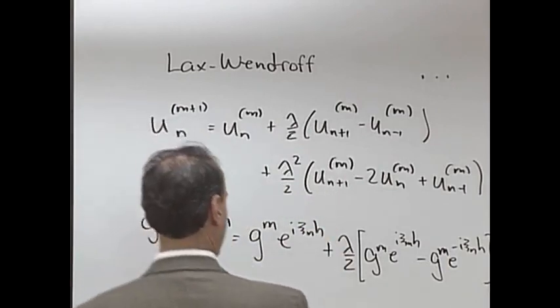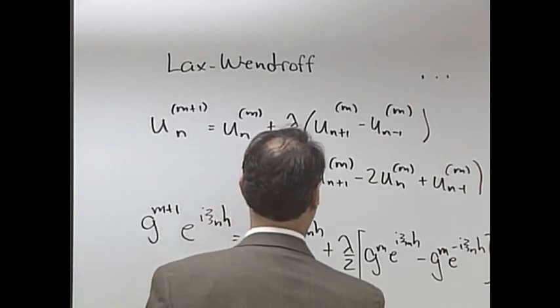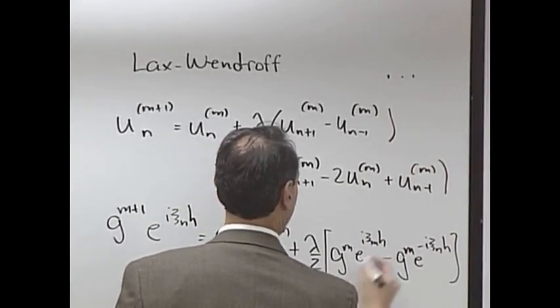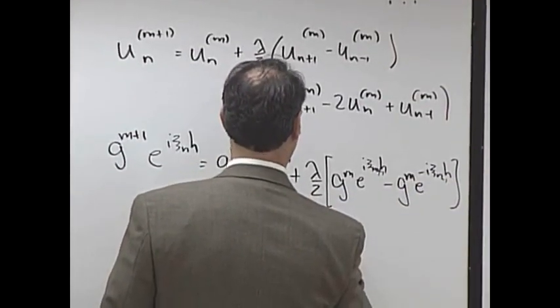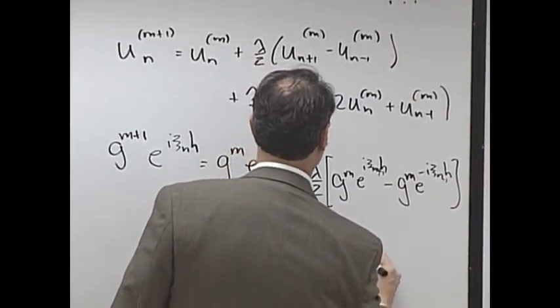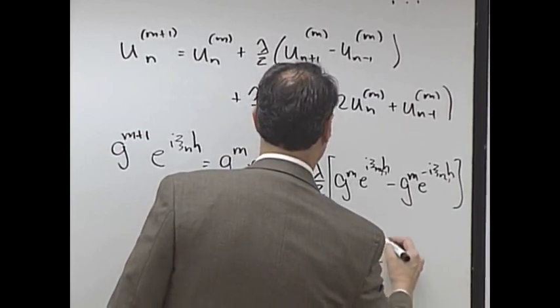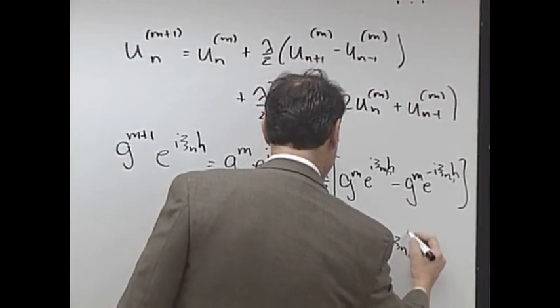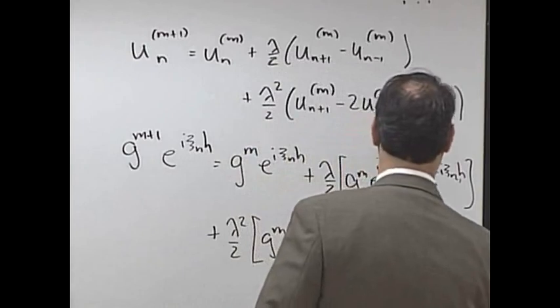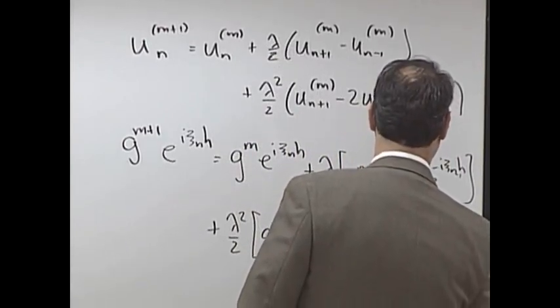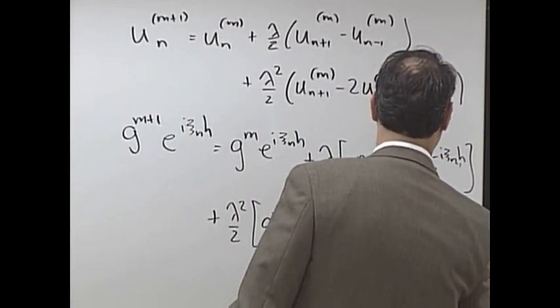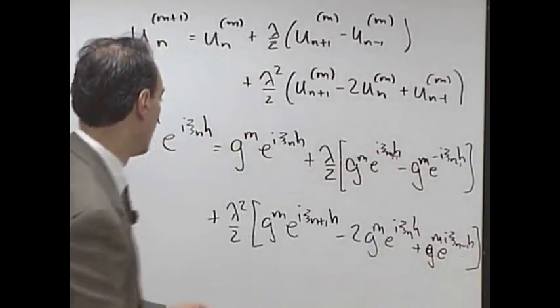Here you get, again, g of m. And notice these are n plus 1s here, n minus 1 there, minus 2 g of m e to the I c of n h, and then plus g of m e to the I c of n minus 1 h. Boom, you throw it all in.